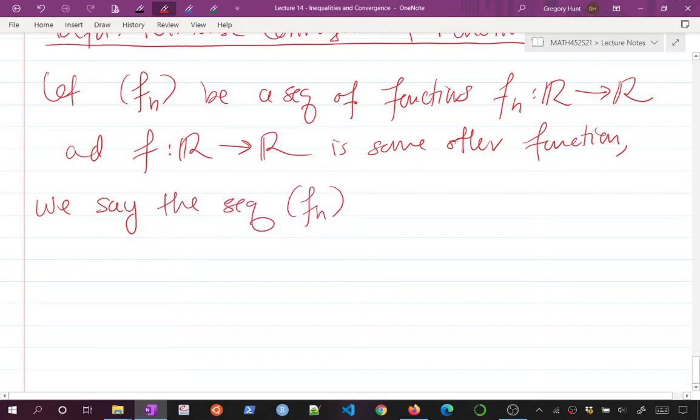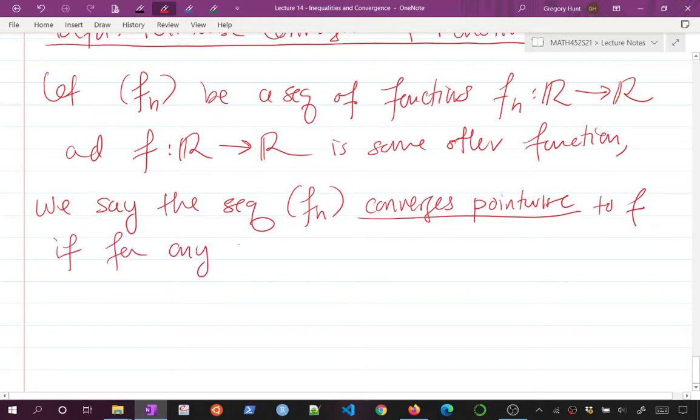This is like day one of a functional analysis class. We say the sequence of Fn's converges pointwise to f if for any x, for any number x, Fn of x converges to f of x.